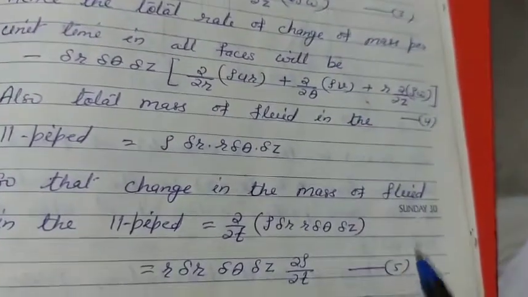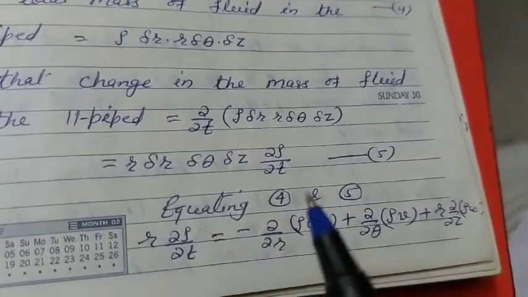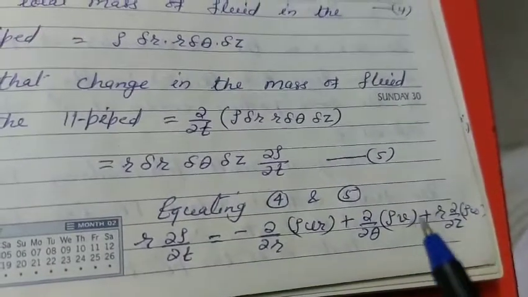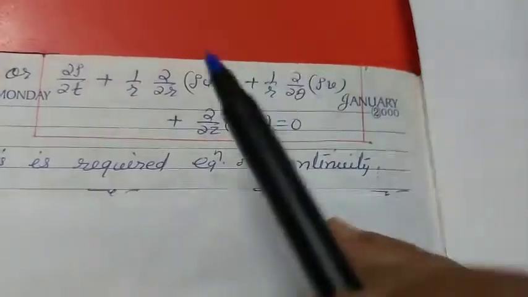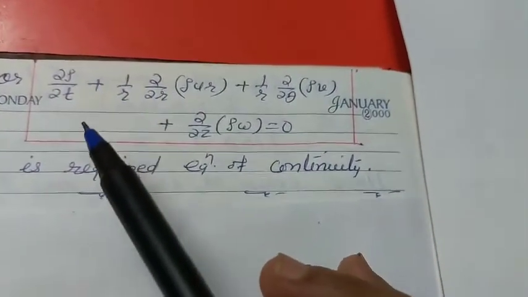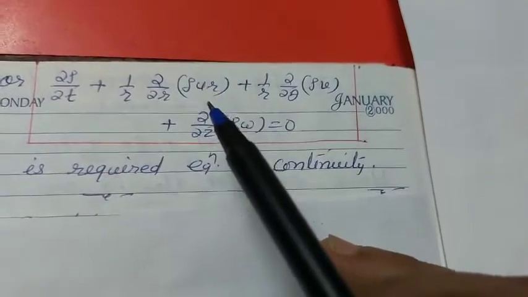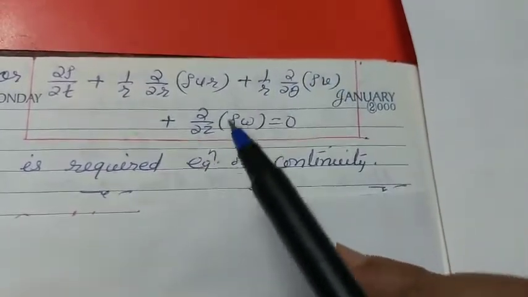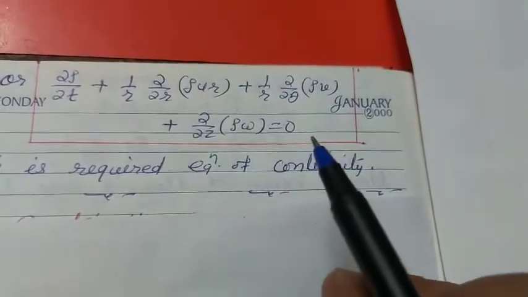So, equating equation number 4 and equation number 5, we have r del rho by del t is equal to minus del by del r of rho u r plus del by del theta of rho v plus r del by del z of rho w, or this can be written as del rho by del t plus 1 upon r del by del r of rho u r plus 1 upon r del by del theta of rho v plus del by del z of rho w equal to 0, and this is the required equation of continuity.